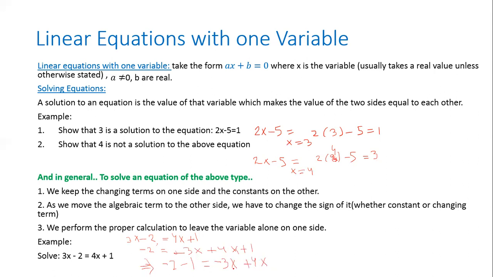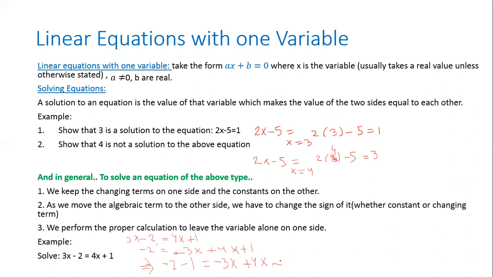We notice that minus 3x and 4x are like terms, and I can sum them by adding minus 3 and 4 together and multiplying the result by x. And on the other side, I do a direct addition because they are both fixed terms.